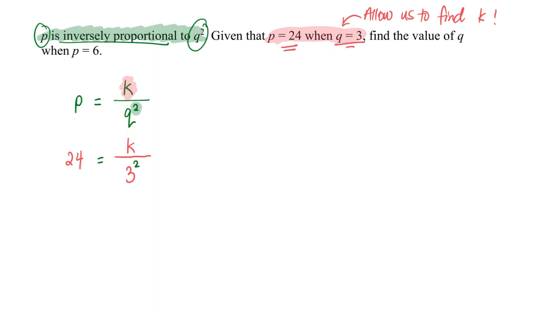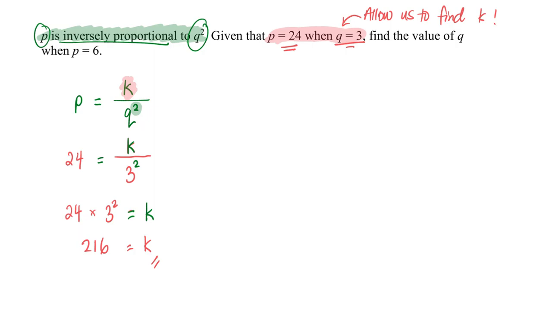Okay, so that's how we are going to find K. And so I'm going to multiply 3 square on both sides. And this will be equals to my value of K. And that will give us 216. So I've gotten my K. 216.